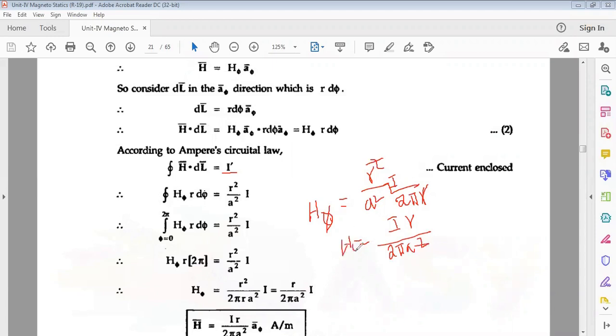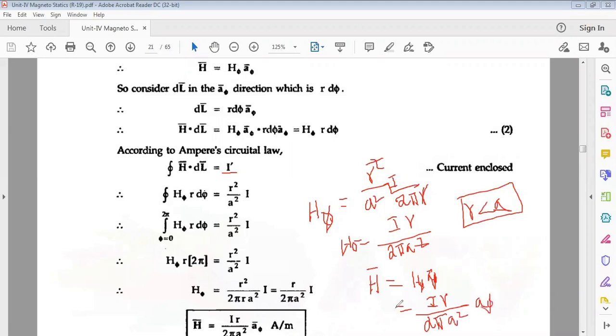In case 1, r less than a, H bar is equal to H phi into a phi bar, so H bar is equal to I r by 2 pi a square into a phi bar. This is the first case.